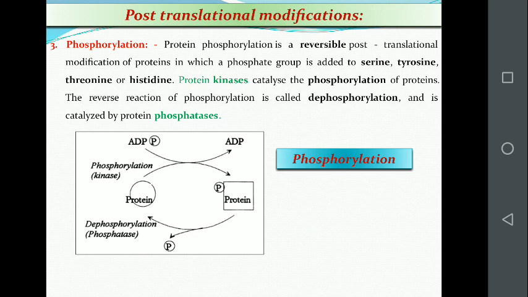Protein kinases are the enzymes which phosphorylate the proteins or enzymes and either activate or deactivate them. In the same way, some phosphatases will remove the phosphate groups from those proteins. One example is shown in this slide. Kinase enzymes phosphorylate the proteins, and phosphatase enzymes release the phosphate group from the proteins.